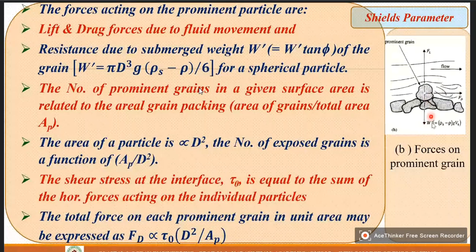Now this immersed weight must be balanced. As a result of this immersed weight, and this is the shear stress you are having, there will be a resistance due to the submerged weight. So what is that resistance?